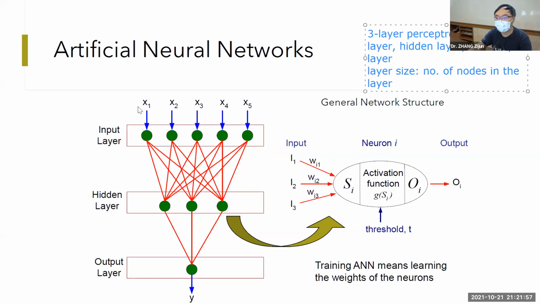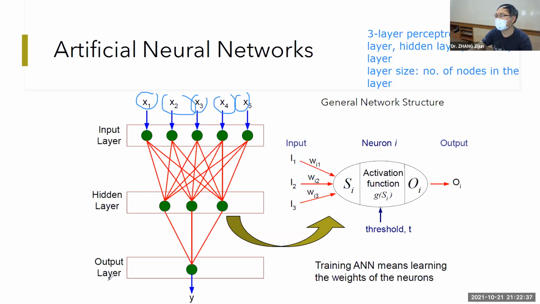The interesting thing is, in the input layer, the number of the input nodes will always be equal to the dimension of the input space, or simply, the number of attributes you will fit into the neural network. So here, your data only have 5 attributes, x1 to x5, then the input nodes will be 5.